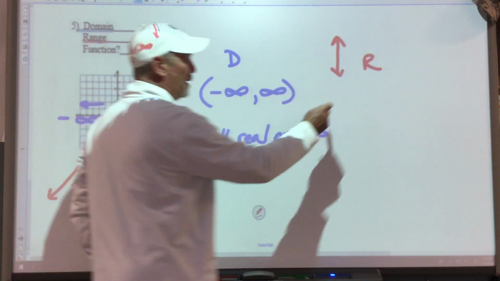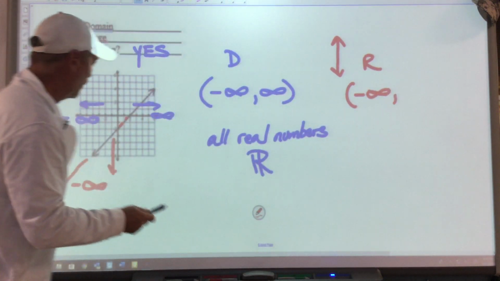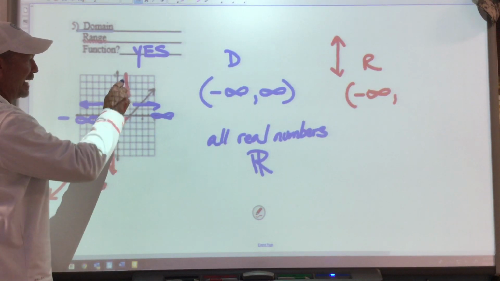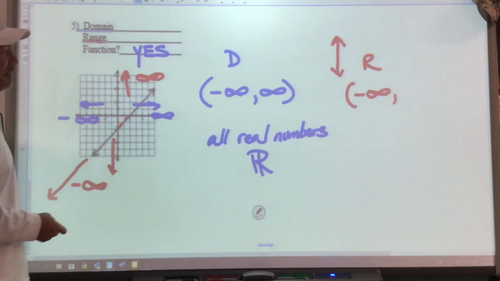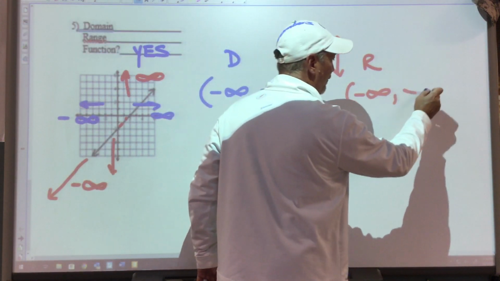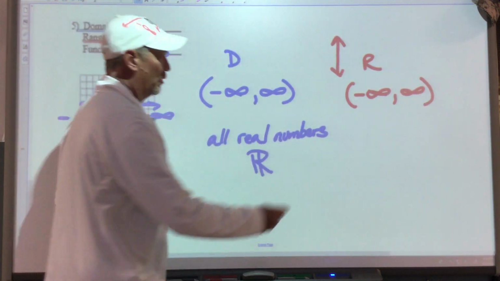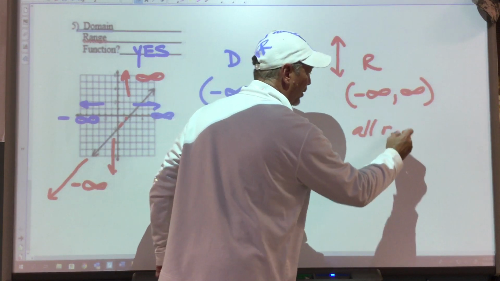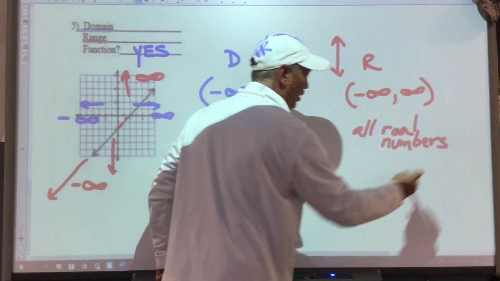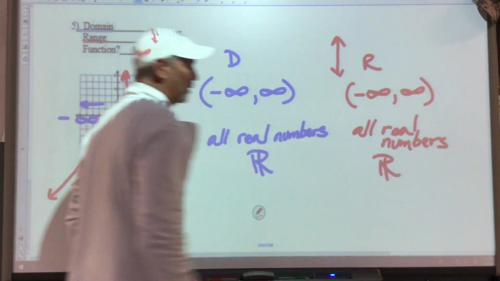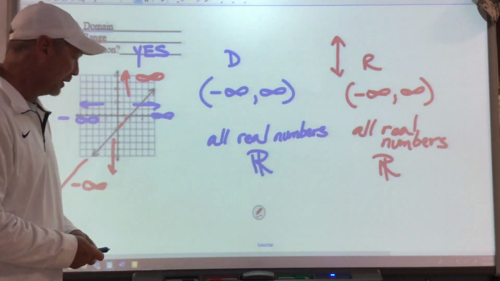So we're going to go from negative infinity, and then we're going to go up forever, even though it's at an angle, to positive infinity. So again, we're going from negative infinity to positive infinity. And then we would say all real numbers, or we could use the symbol, whatever your teacher asks you to use. Okay? Next example.